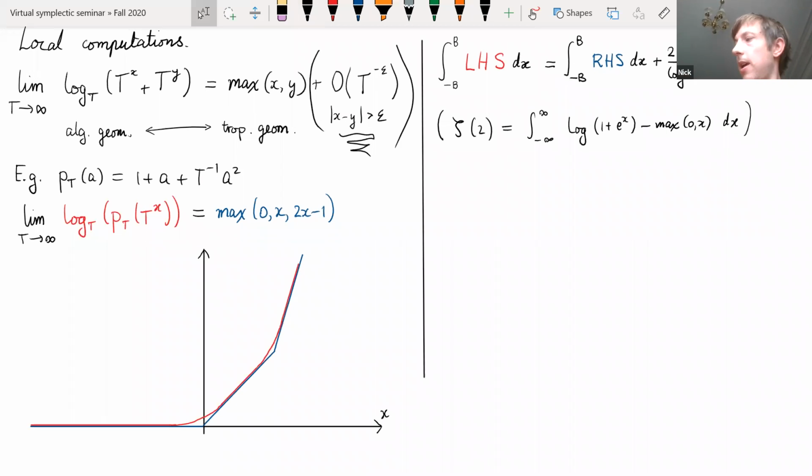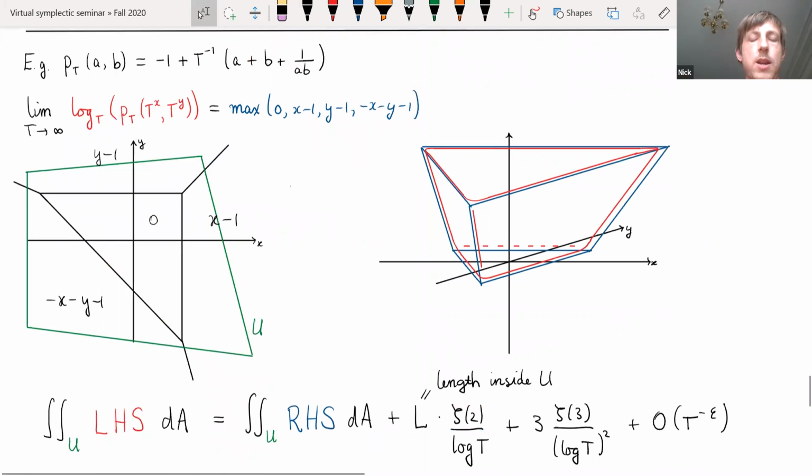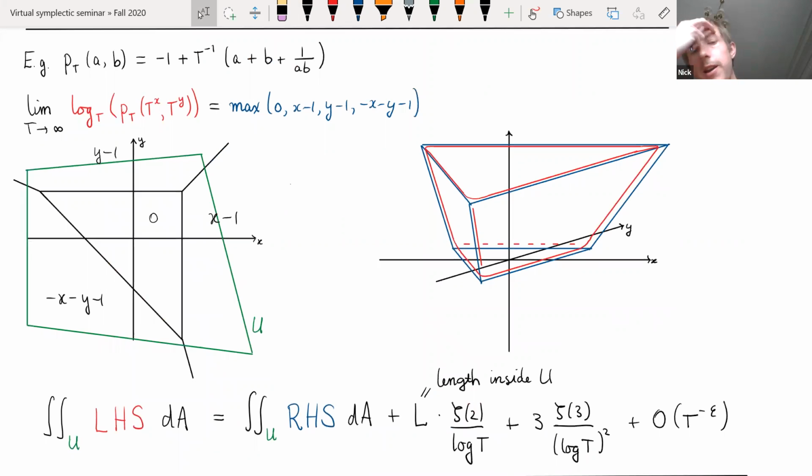All right. So I'm going to go on to an example of a polynomial in 2 variables. So here we've got a t-dependent polynomial in A and B. It looks like this: -1 plus t inverse A plus B plus 1 over AB. And so we do the same thing as before. Here on the left, we've got a picture of the domains of linearity of our piecewise linear function.